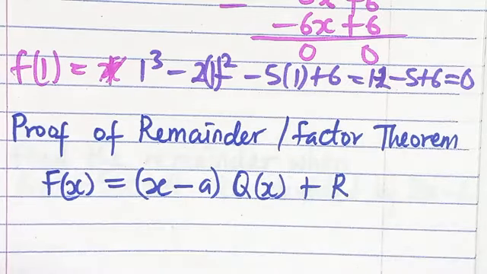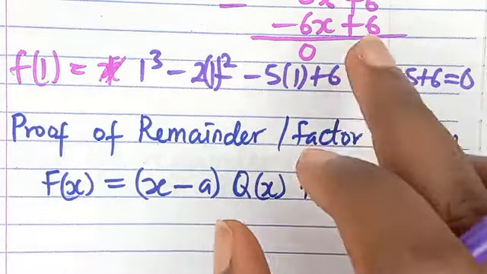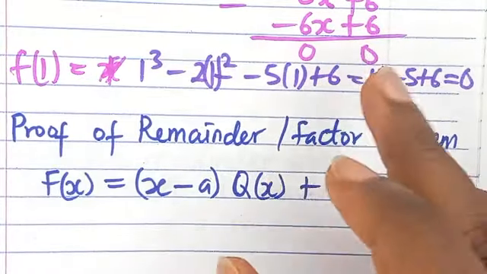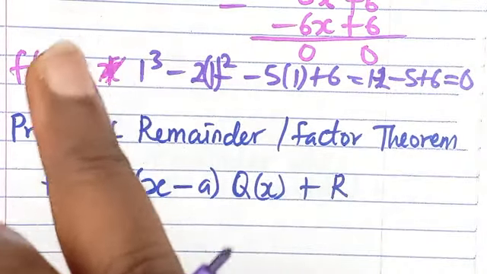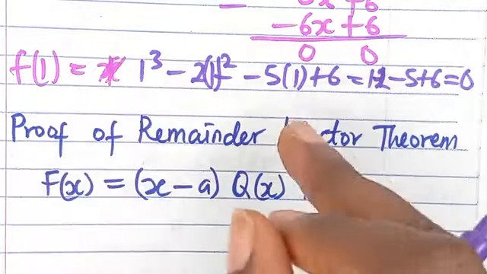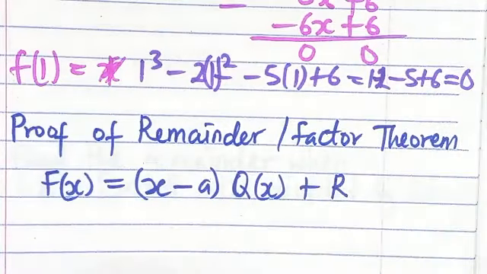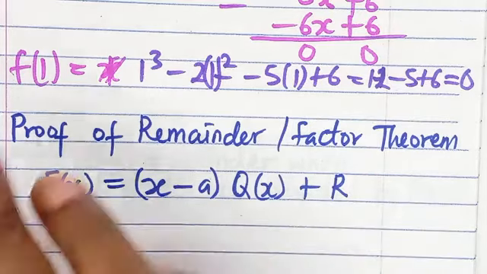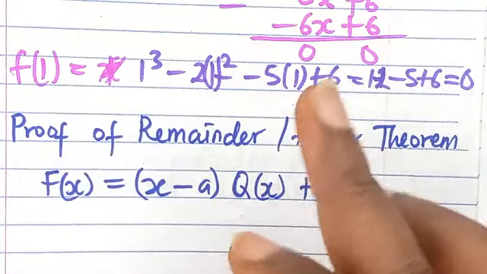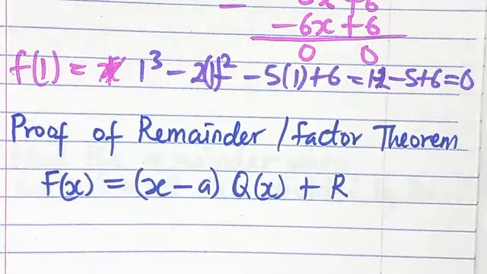Because from the remainder, we are going to have remainder theorem. But if it divides without having a remainder, just like this previous example, that means that that divisor was actually a factor of that polynomial. That is, it can divide into it without remainder, is a factor. But when we have a remainder out of it, that means we are talking about remainder theorem.